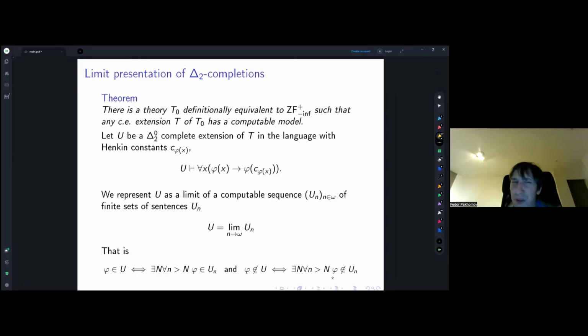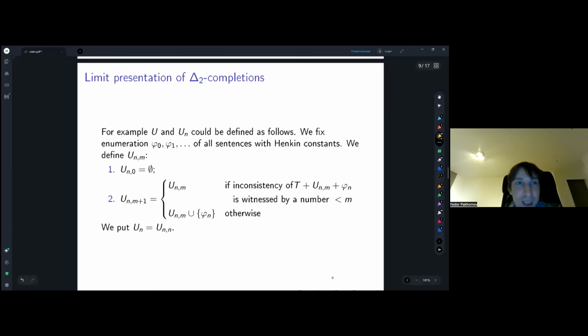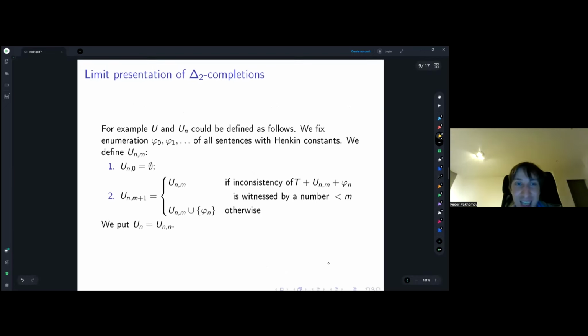For people who are not that comfortable with these things, let me give an explicit construction for the delta-two completion and this computable sequence of finite sets such that the limit is our U. We can construct U and U_n as follows.